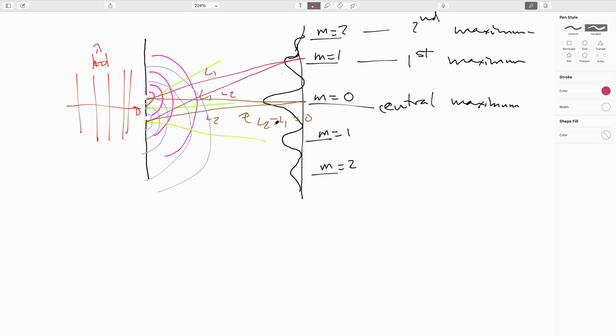So let's just think about this in absolute value because that's all we really need. The absolute value of L2 minus L1 here would just be a wavelength. Then over here, if I were to draw it out, the difference in path lengths from the two sources would be 2 wavelengths and so forth.